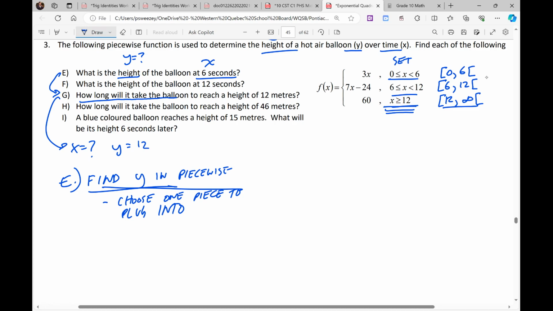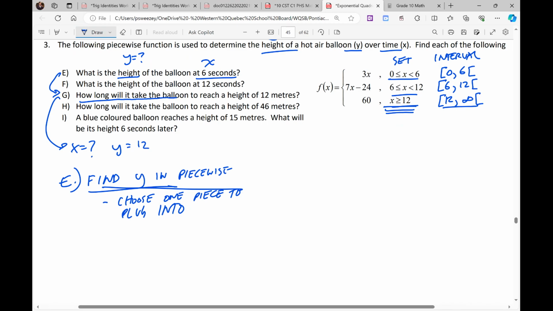I'm going right up to it, but not including it, which is kind of annoying. But again, this is where interval notation is easier to understand, because you just see where the bracket is hugging the number. If they're facing away from it, then I'm going to ignore that one and use the one where it is being hugged.